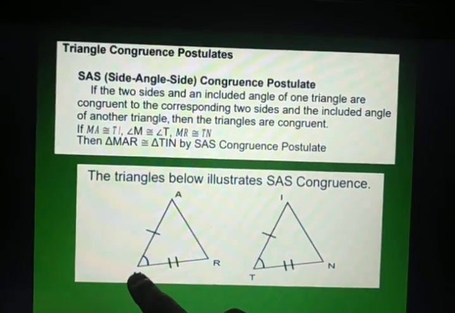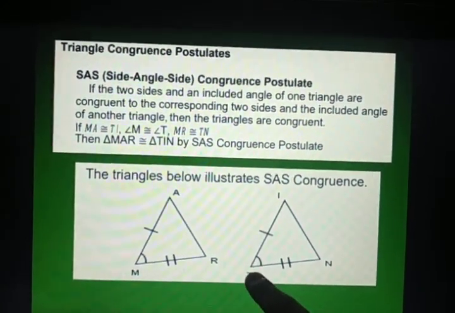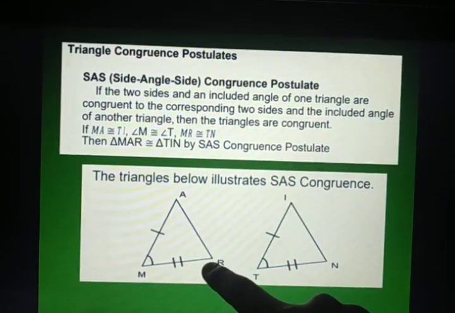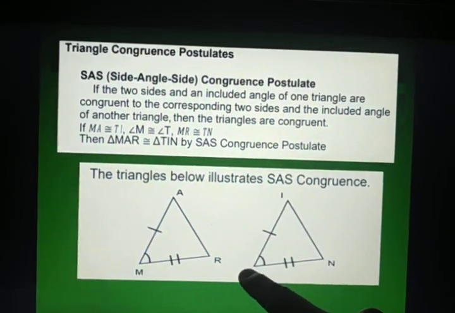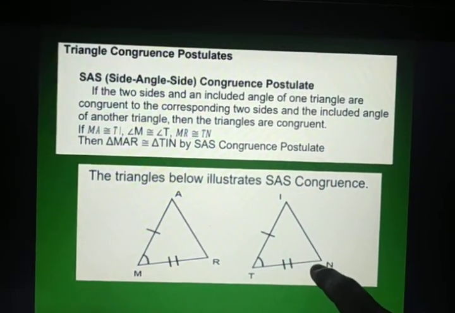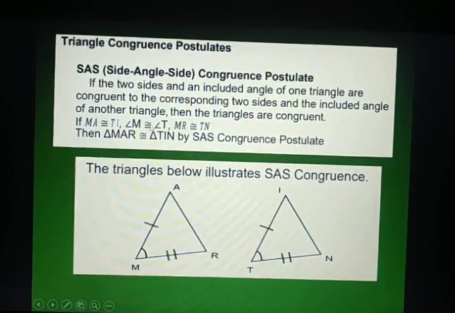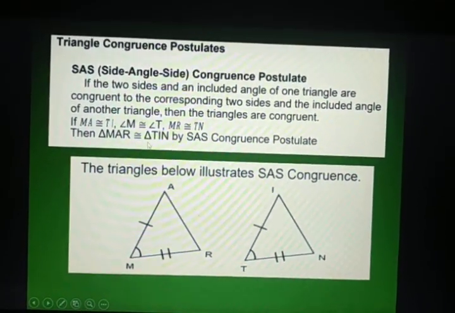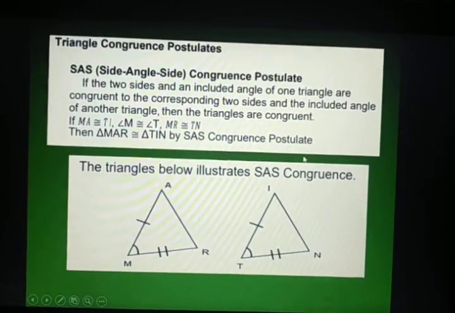Angle M is corresponding or congruent to angle T. Then line segment MR is congruent or corresponding to line segment TN. Then these two triangles named triangle MAR is congruent with triangle TIN by SAS congruence postulate.